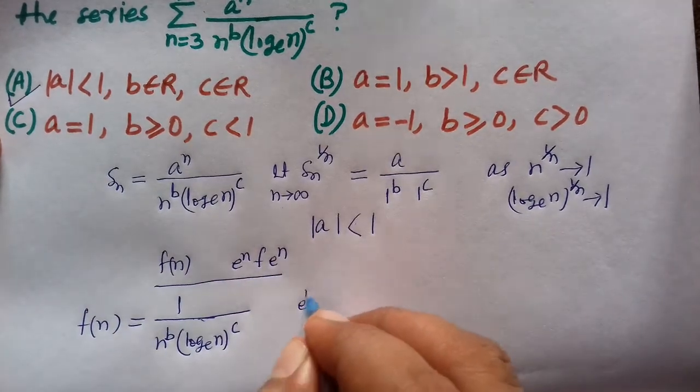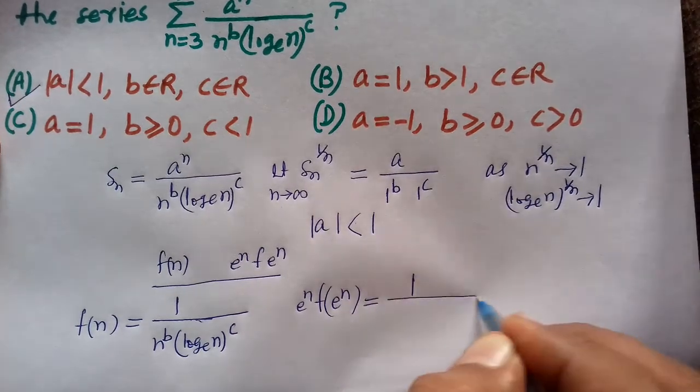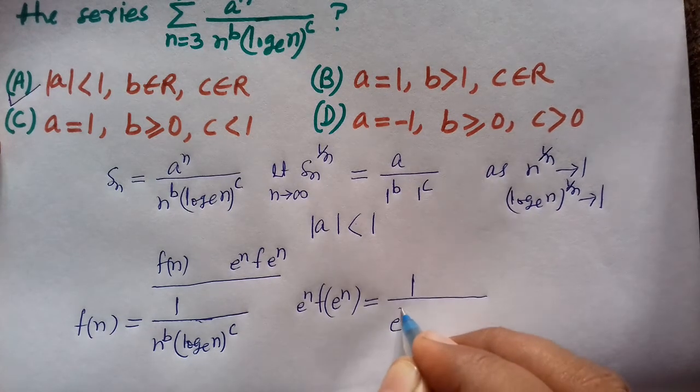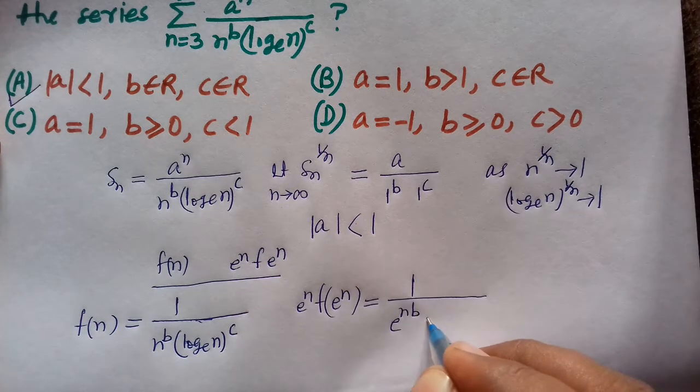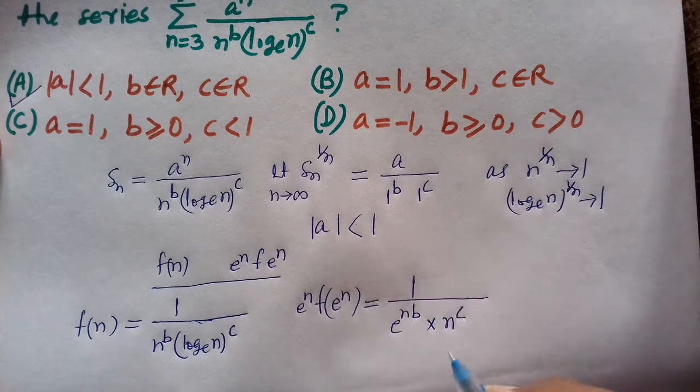Now e to the power n times f of e to the power n, if we get this thing, then this will be e to the power n b into n to the power c.